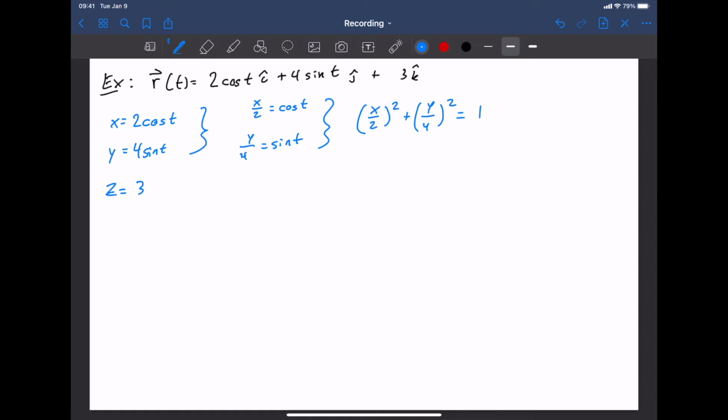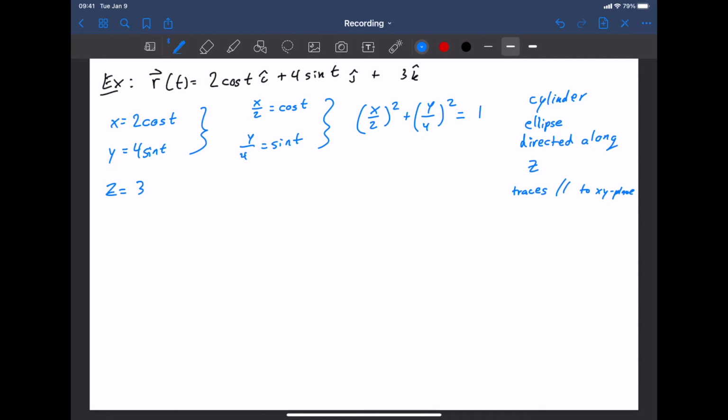Again, this should be clear that this is a cylinder. Why? It's an ellipse directed along z. It traces parallel to the xy plane. The z is the missing variable here.